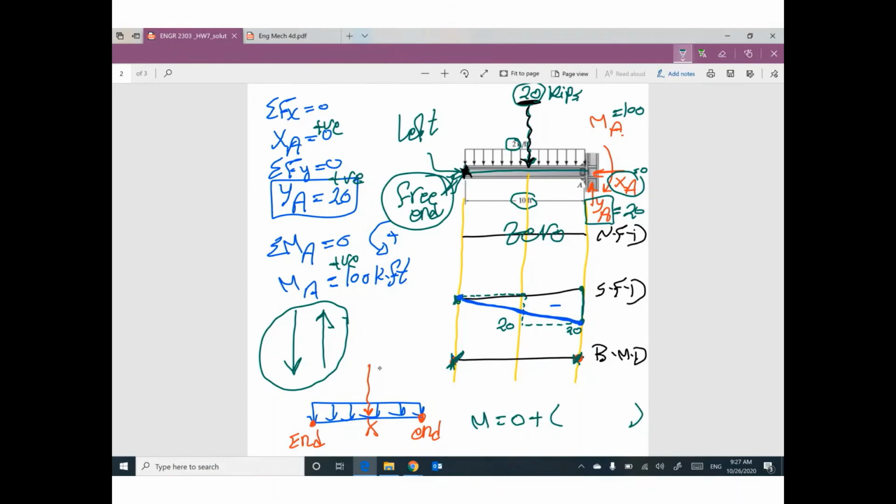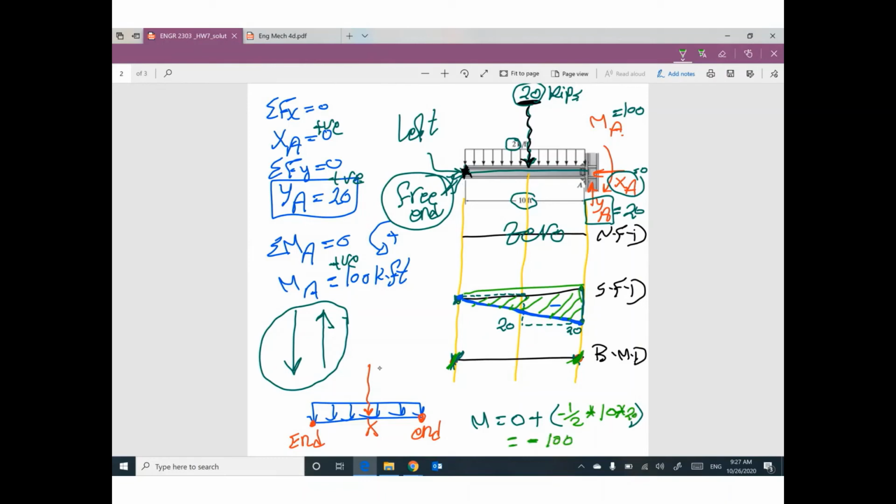Do you have any shear in between this point and this point? Yes. We have this negative area. It's a triangle: 1/2 times 10, the total length, times this value, which is 20. So your value will be negative 100.